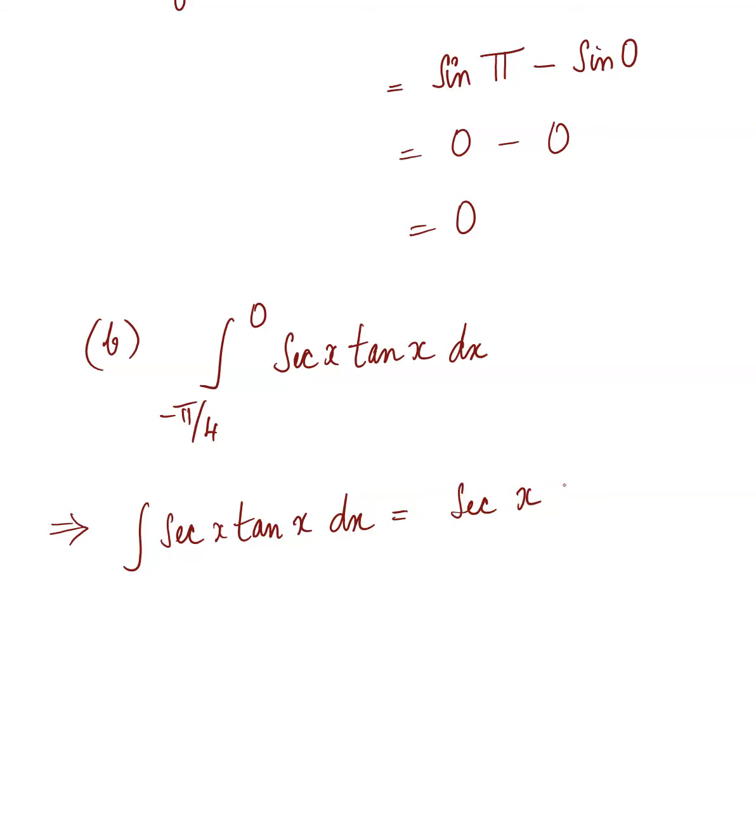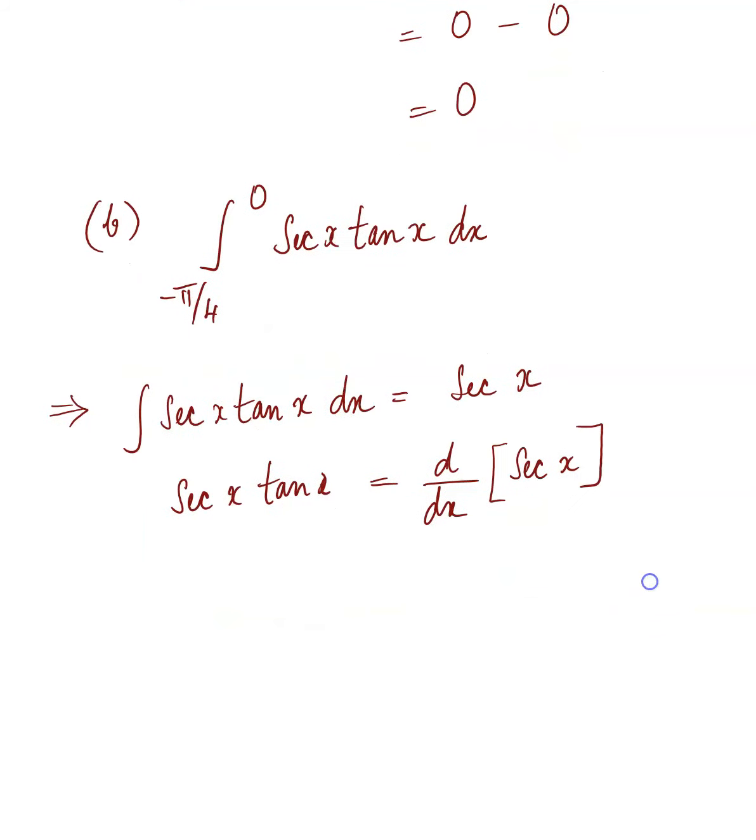Or if you went back to derivatives, secant x tan x was the result if you took the derivative of secant x, right? So they must be the same, because one is the reverse of the other. So you're basically reversing the process. Either way, we know that the integral of secant x tan x is secant x.